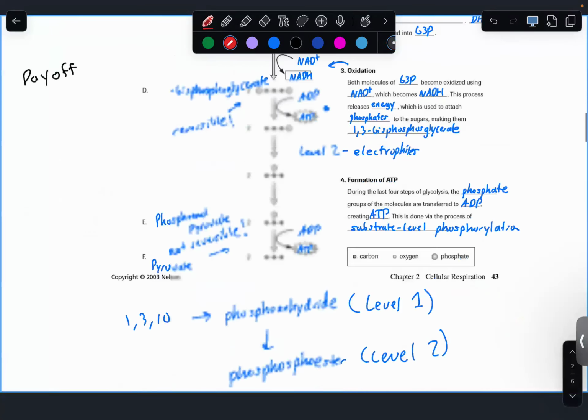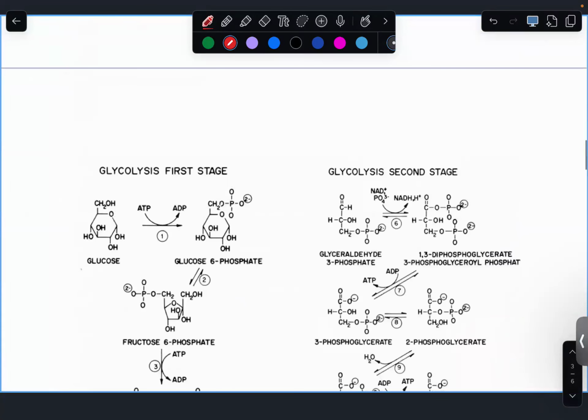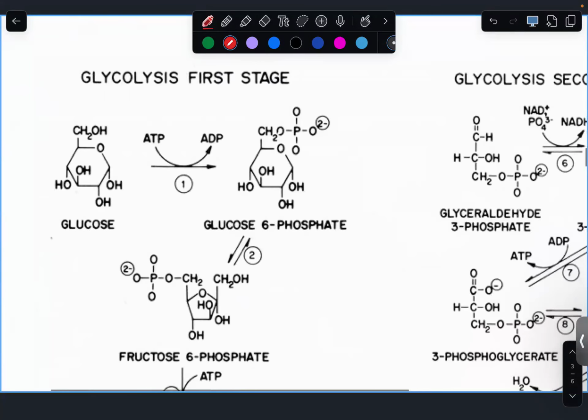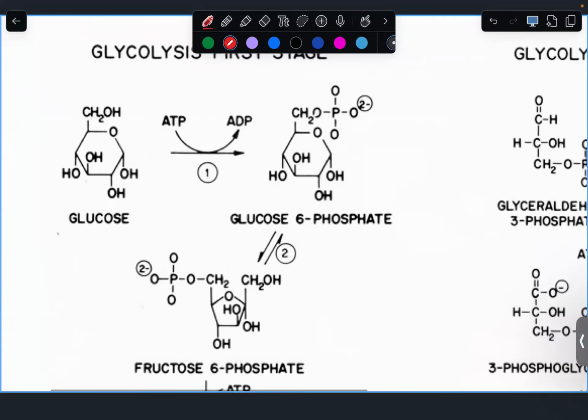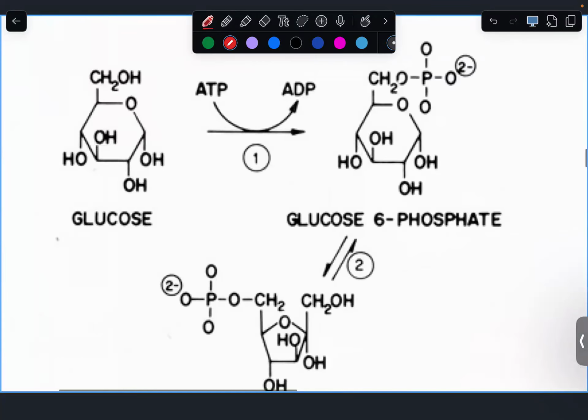So I have here from a Journal of Chemistry Education, who knew you could publish in academia in an educational journal. But just as we did before, we want to label our individual carbons to keep track of where everything's going. So 1, 2, 3, 4, 5, 6.